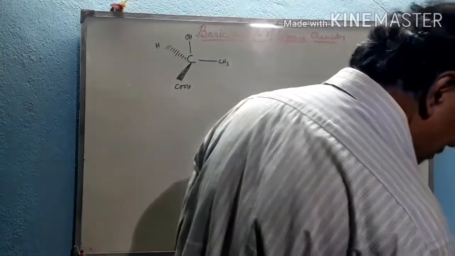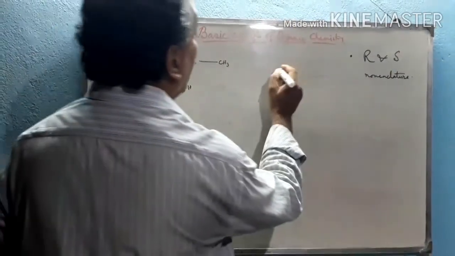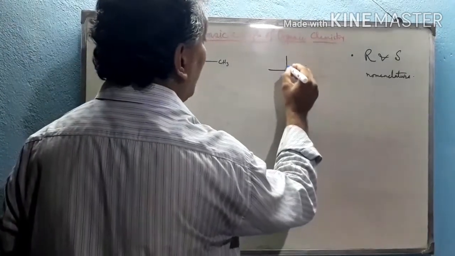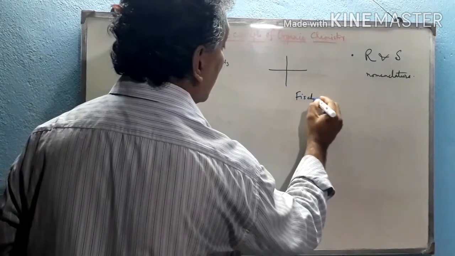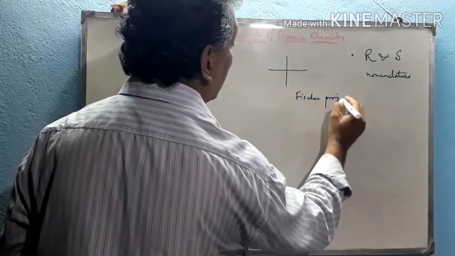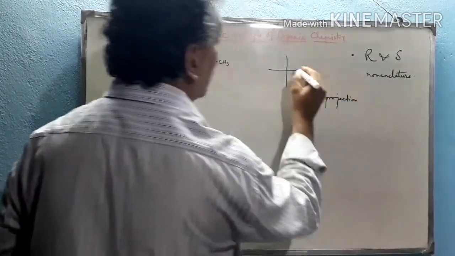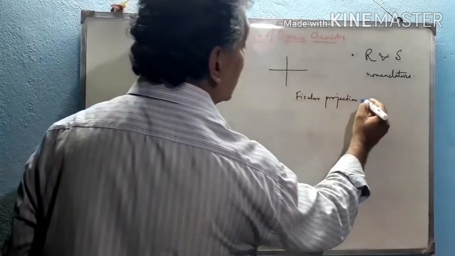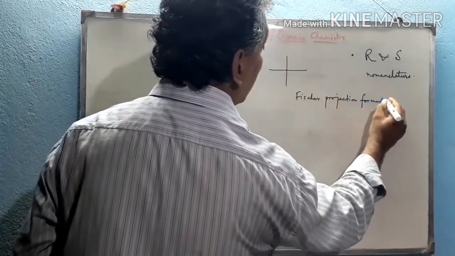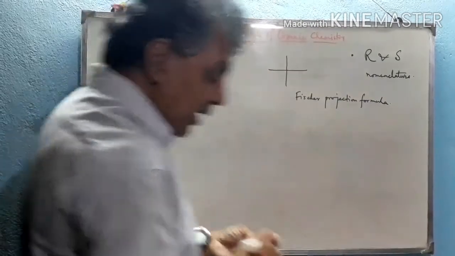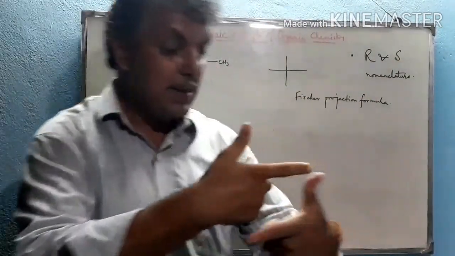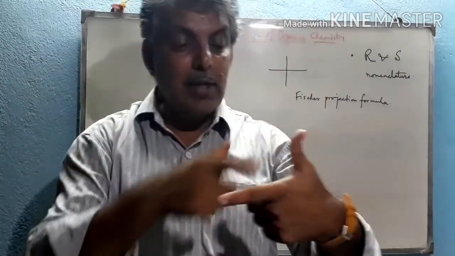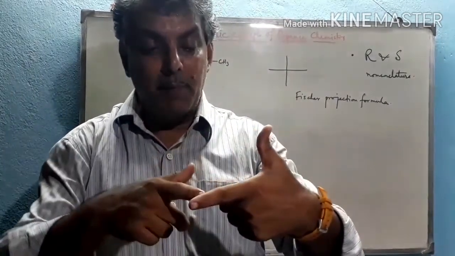If we represent this in a Fischer projection formula, where the carbon atom is represented here, first we have to see these two bonds on the plane.